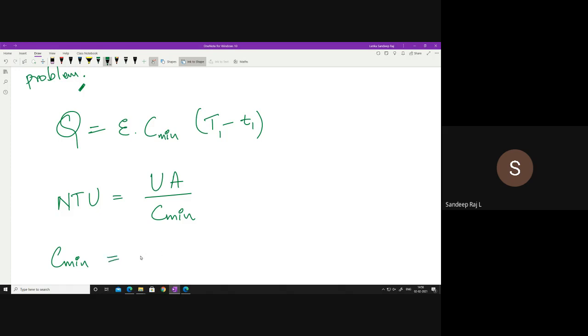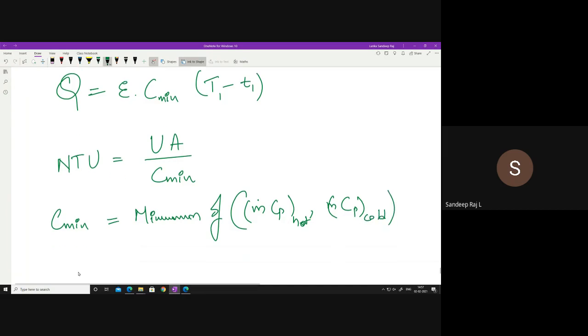Cmin is equal to the minimum of m dot Cp of H, m dot Cp of C. This is the hot one. This is the cold one. Among these two, you have to choose Cmin.